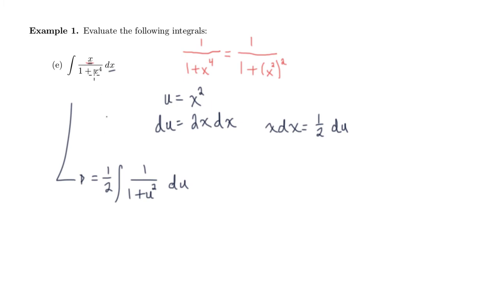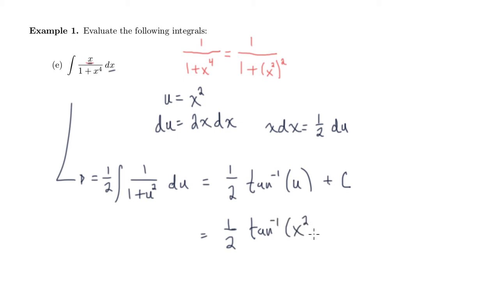But sometimes it takes a little bit of creative thinking to get it into a form of a function that you can think of an antiderivative. So this is just 1/2 inverse tangent of u plus c. But when we plug back in for u, we'll get 1/2 inverse tangent of x squared plus c. And that is that.